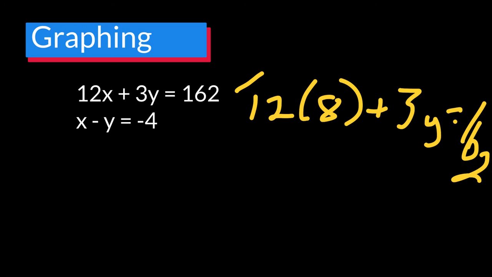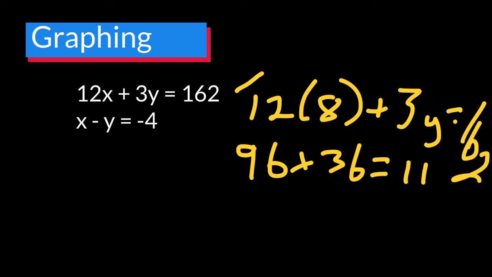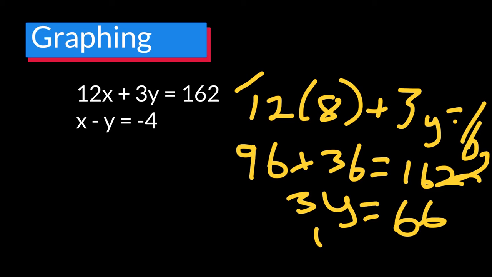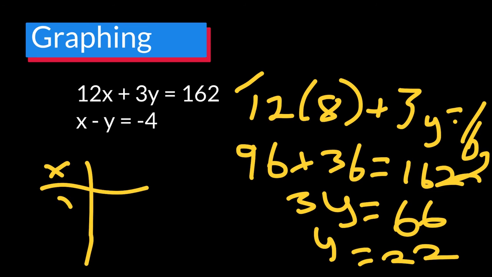Which is 12 times 8 is 96, plus 3y equals 162. Subtract 96 from both sides gives us 3y equals 66. So y is equal to 22. Okay, so for the first equation where x is equal to 8, y is equal to 22.